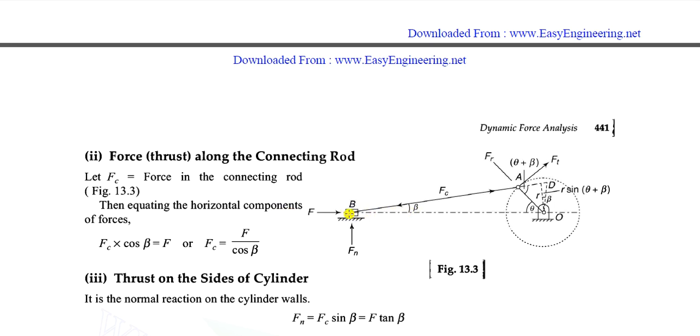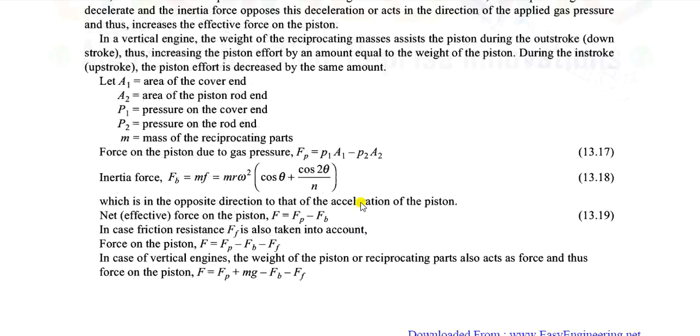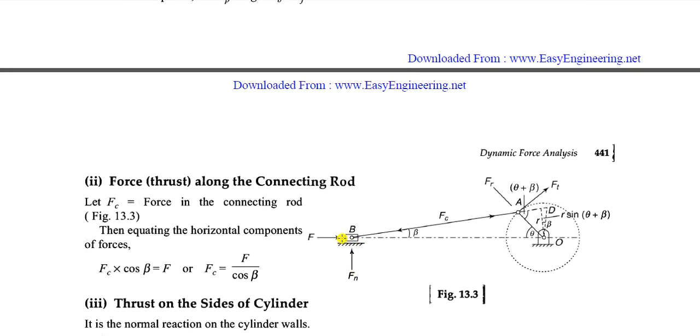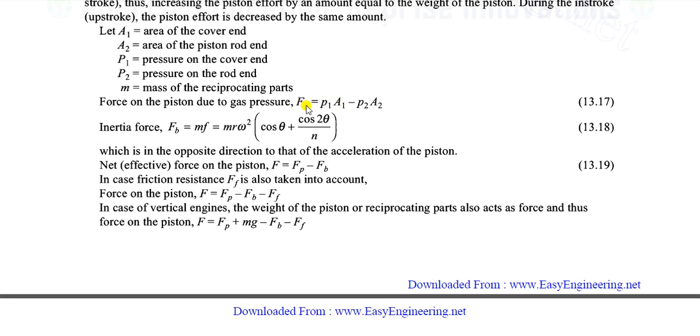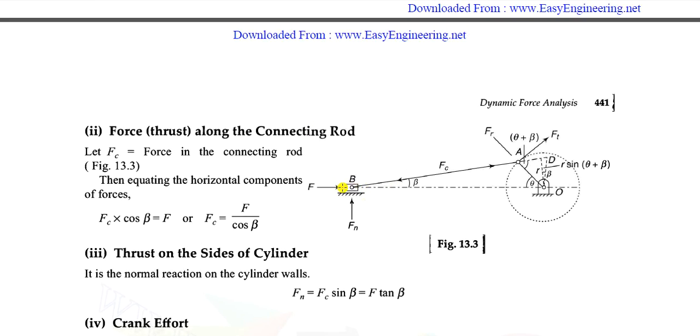So in cover end, for example, P1 pressure is acting and from this side P2 pressure is acting. If this side area is A1, then you will calculate pressure force as P1 A1 minus P2 A2. So P1 is pressure on the cover end and P2 is the pressure on the rod end. This end is called rod end.